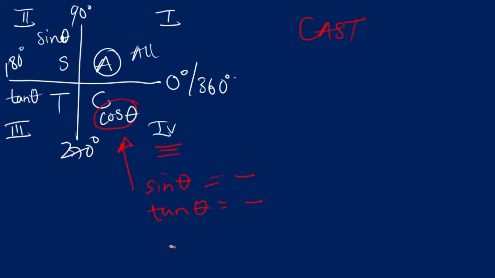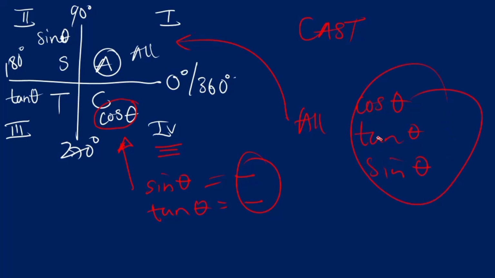If we ever find a sine or a tangent, we'll just get negative answers, because only the cosine is positive here. And then on this one, it says all. So whether we have a cosine of theta, a tangent of theta, or a sine of theta, they are all supposed to give us positive values. If you don't get this, don't worry, you'll understand it as we move on.